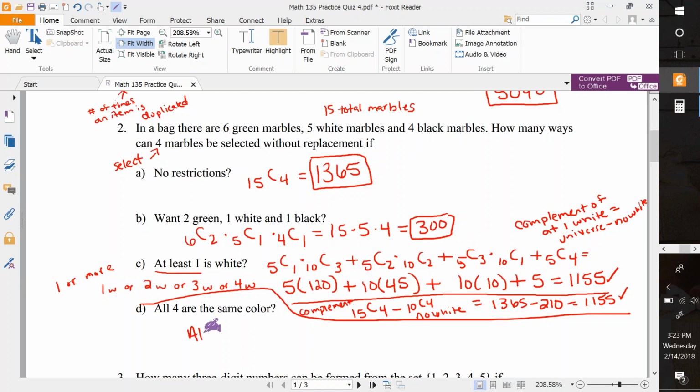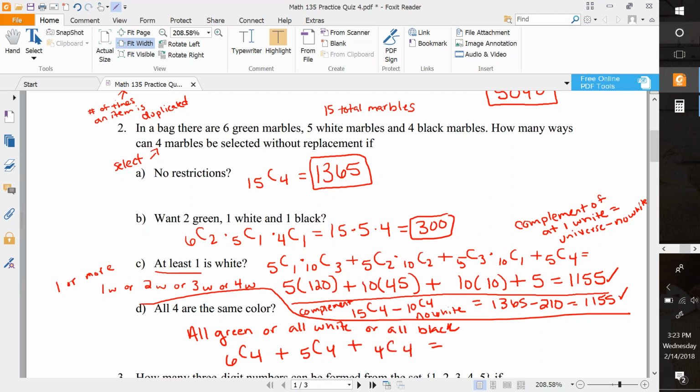So this would be just from the green. I still have to choose 4 marbles because our set is a set of 4. So 6 choose 4 plus all white, which would be 5 choose 4, plus all black, which would be 4 choose 4.